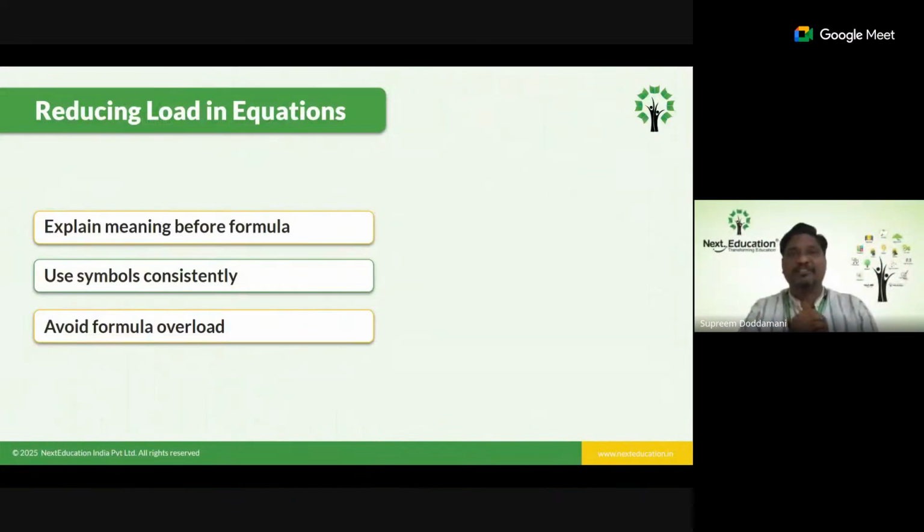I think many of the teachers you might have observed it has been mentioned as s. This creates confusion: sir, distance we have to take as s, or speed we have to take as s. Sometimes we all know that speed is also symbolized as v, small v. So this clarifies the doubt of the student, and they will properly understand it, right?